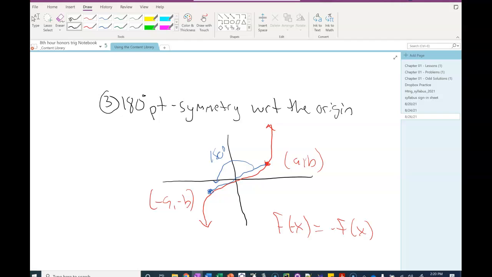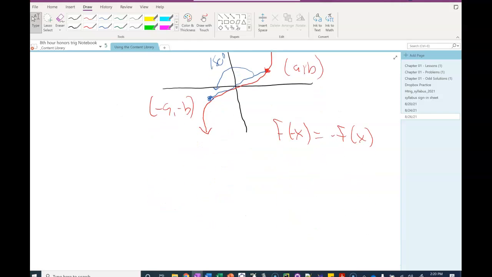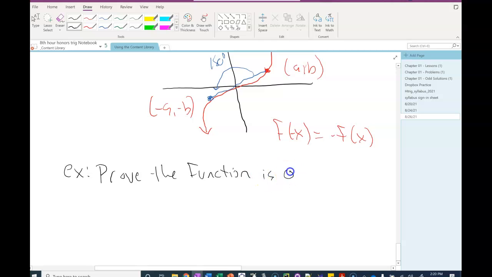So these definitions are what we're going to be using primarily to do the homework here. We'll be using these to do some proofs. We're going to prove whether the function is odd, even, or neither.